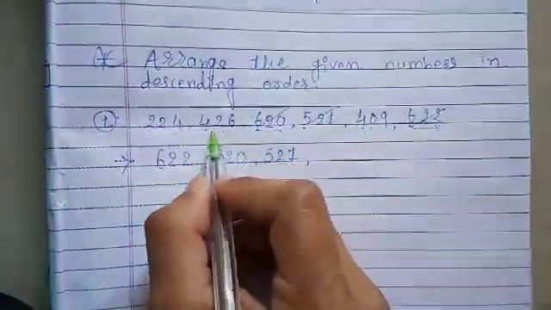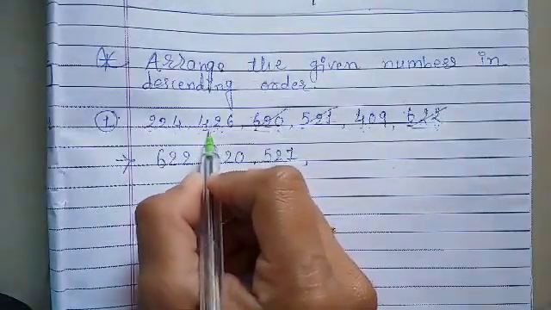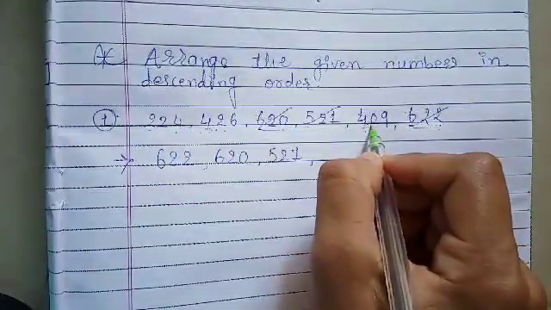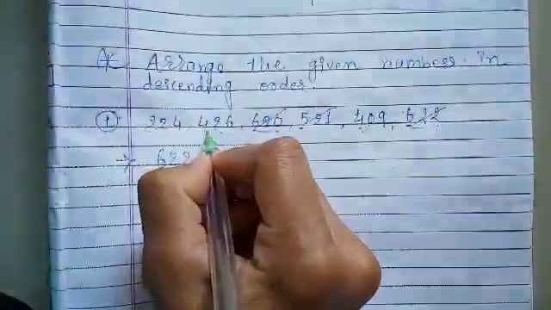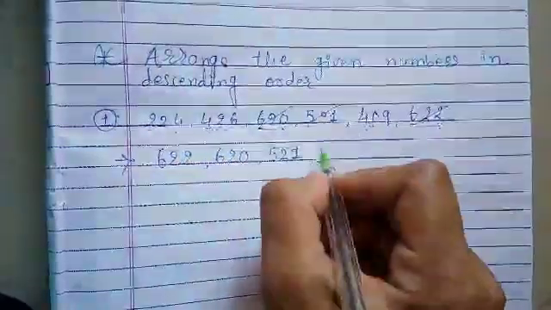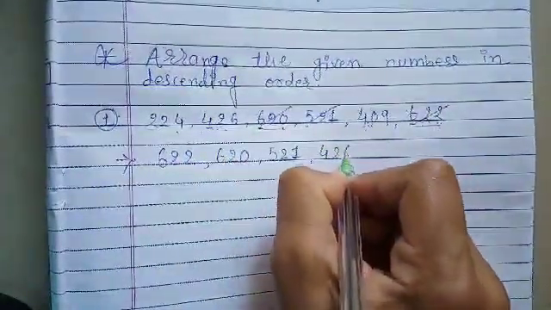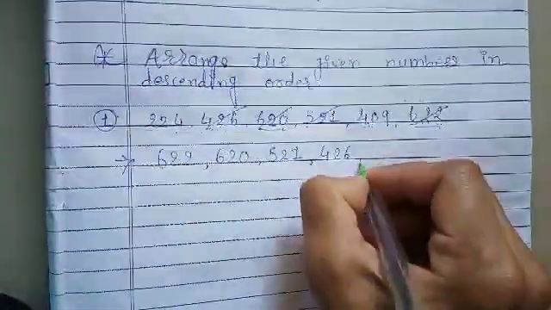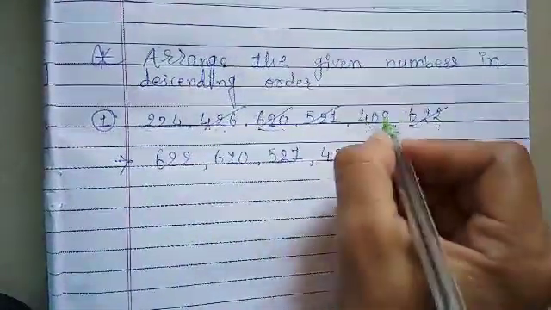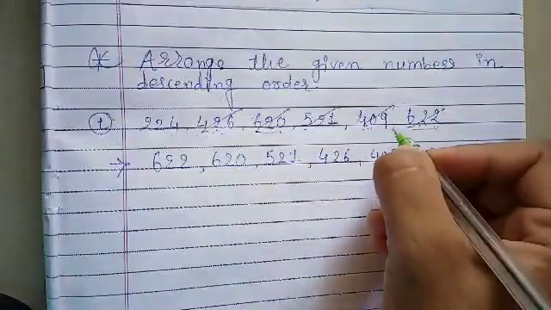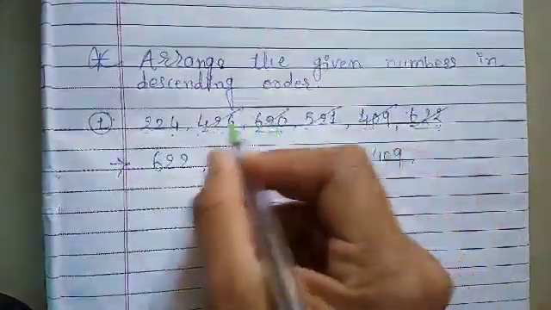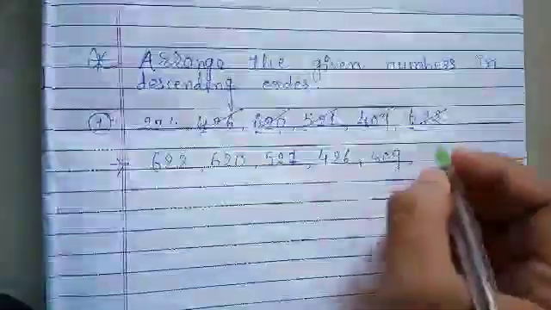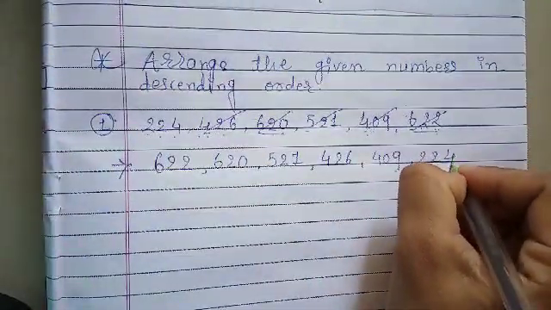So from 426 and 409, which number is bigger? Yes, 426. So we first write here 426, then cut that number, and then write 409 and cut that number. Okay, now which number remains? 224.